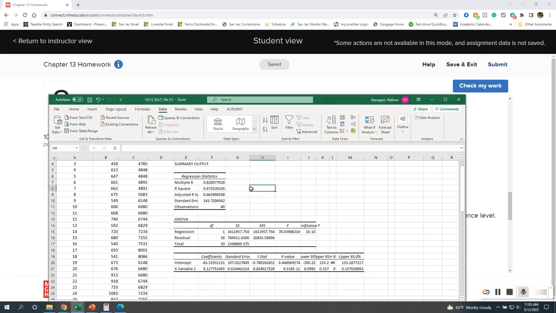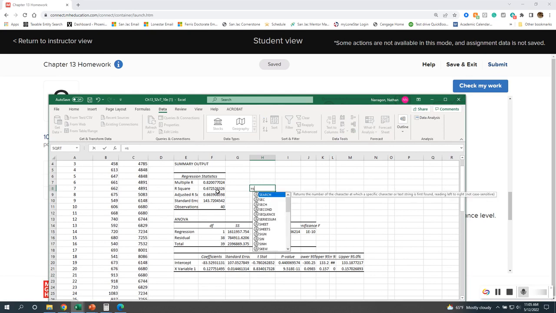We have coefficient of determination. So we need to take the square root of this number.